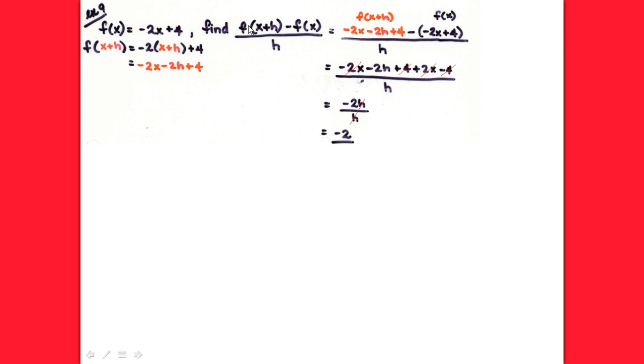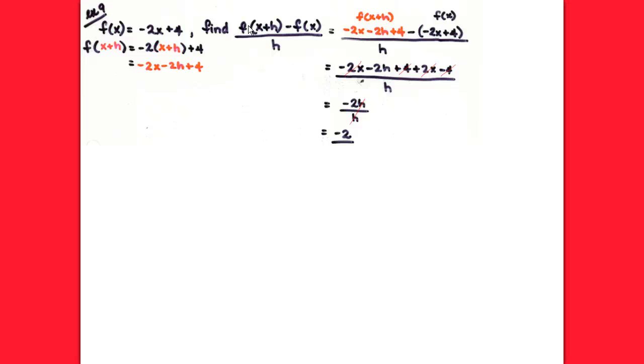Now, we worked with function notation previously, where if they gave me f of x equal to negative 2x plus 4, and they asked me to find f of 2, that means put 2 in the place of x.